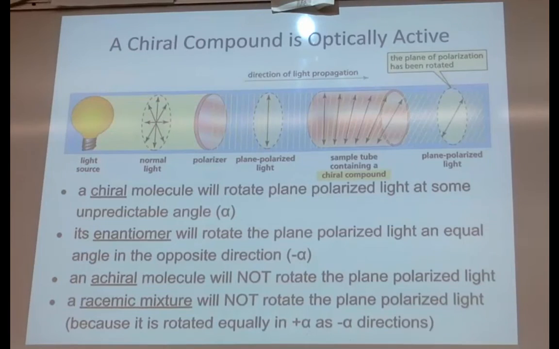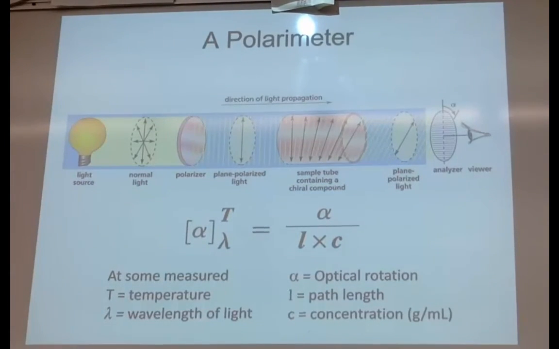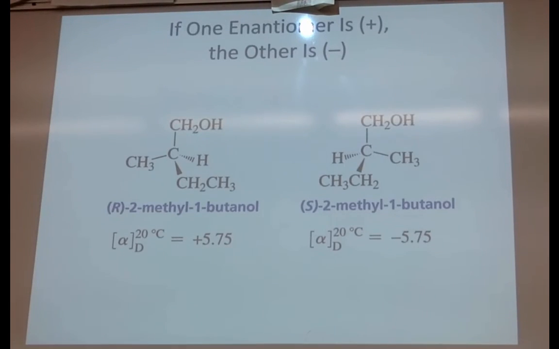Achiral will not rotate, and a racemic mixture actually doesn't rotate either because they cancel out. One enantiomer rotates it one direction, but then the other enantiomer rotates it the other direction, and that cancels the rotation out. Polarimeter, we're not going to do the math that goes along with it. If you're like, but I like math, okay, well, we're not doing it.